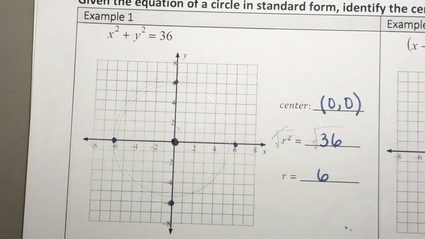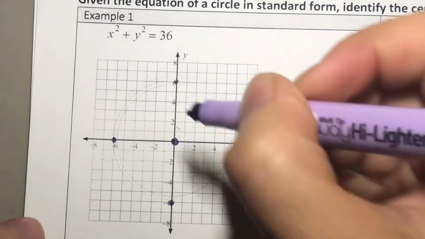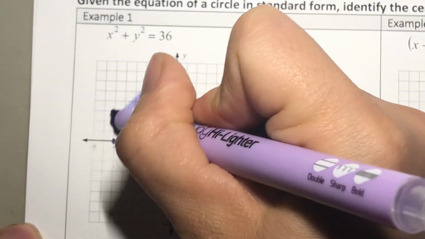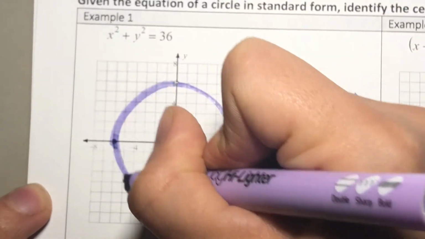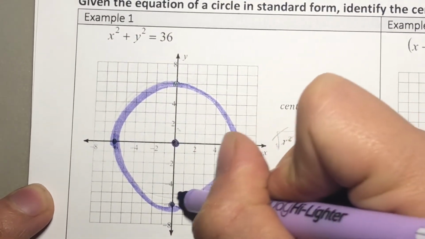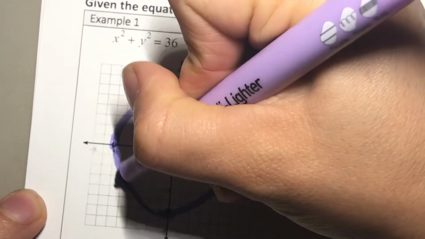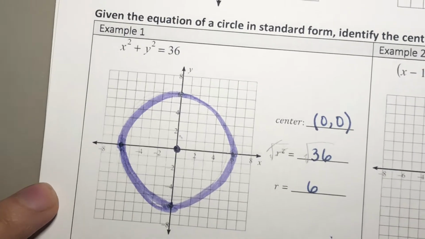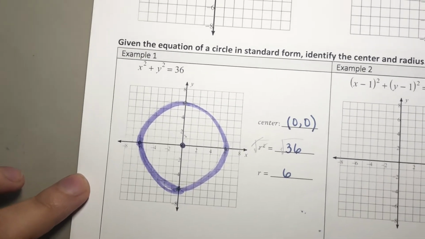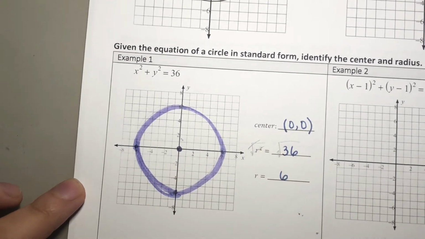Okay, now if you don't have a compass, then just try your best to make a circle by connecting these points. It doesn't need to look perfect. All right, so that's example number 1, when the center is at the origin.